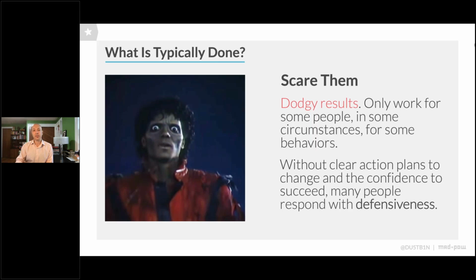And we've been doing this for a long time in public health, and we think about the kinds of effects that fear appeals may have. They're not great. The results are a bit dodgy. They work for some people in some circumstances and for some behaviors.